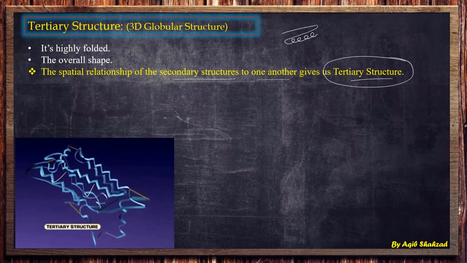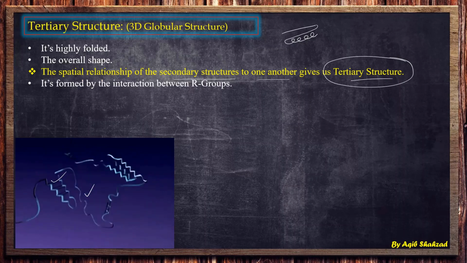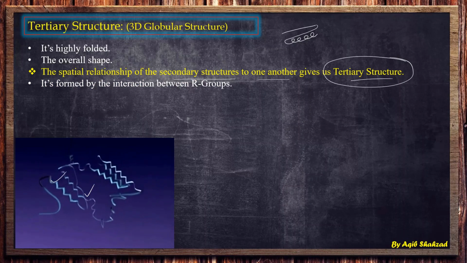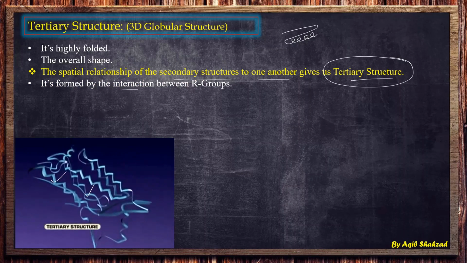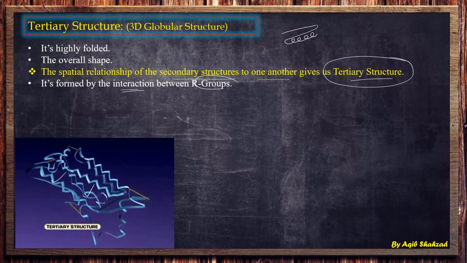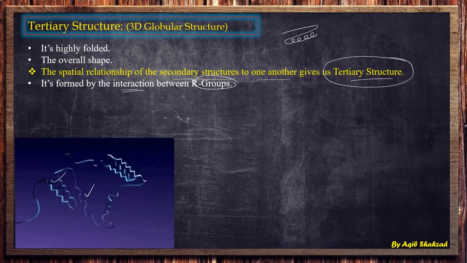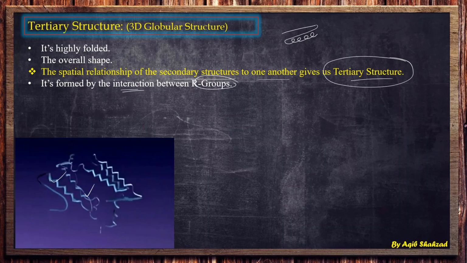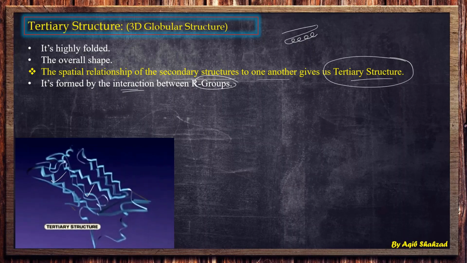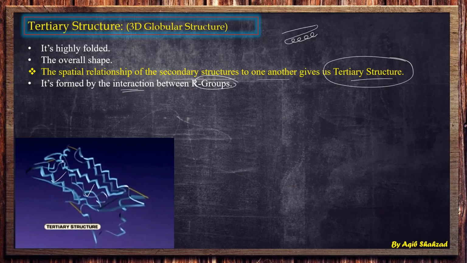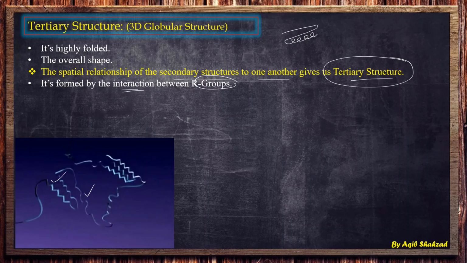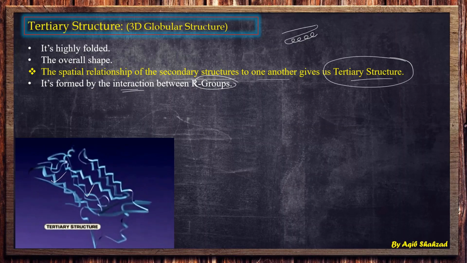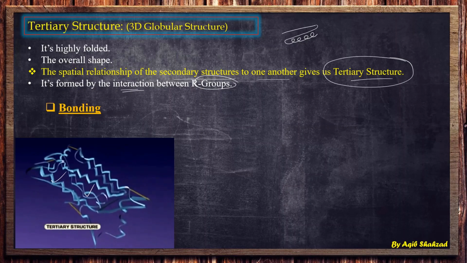So these combine together to form a tertiary structure. Actually, the interacting groups are the R groups of amino acids. Different amino acids have different R groups. These R groups combine together and make different types of bonds which help to make a tertiary structure.